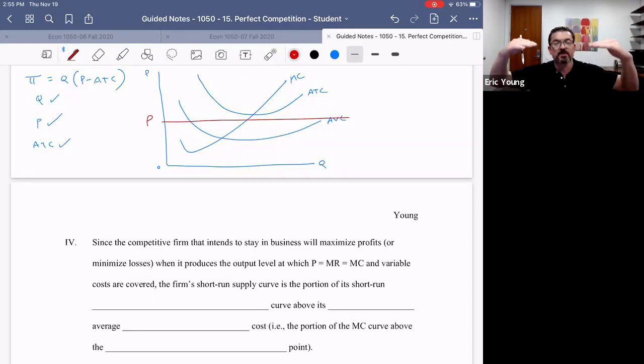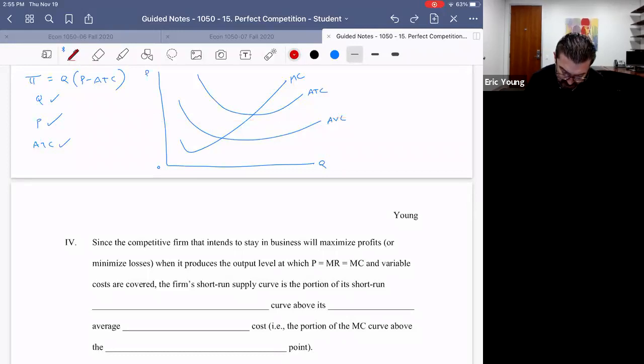In other words, price was below average total cost, but above average variable cost. It was sandwiched in between those two curves. This was the unique case that we called loss minimization, where you are losing money, but you still stay open, you still produce, you still supply.